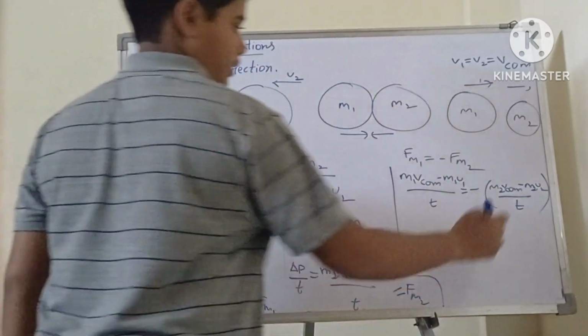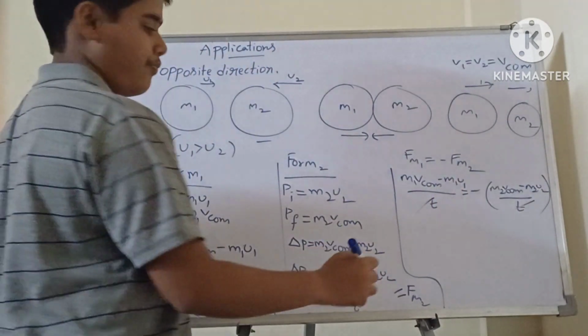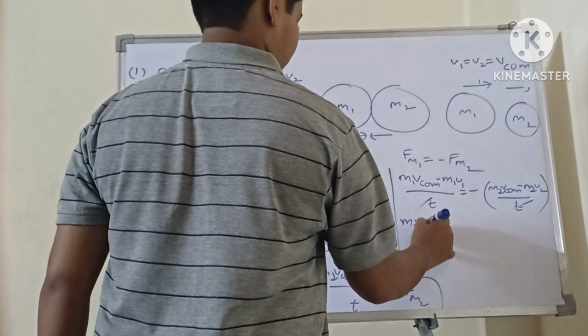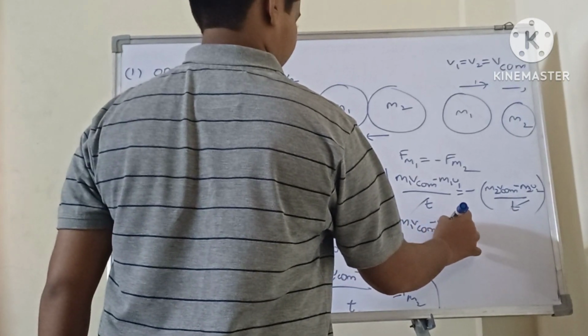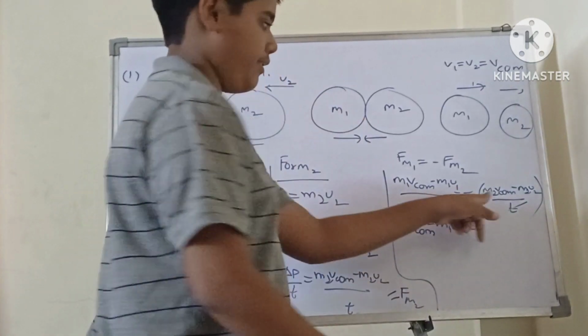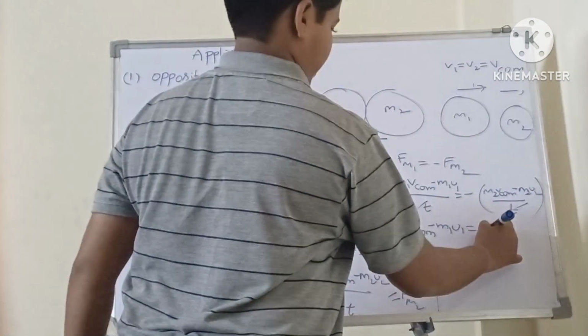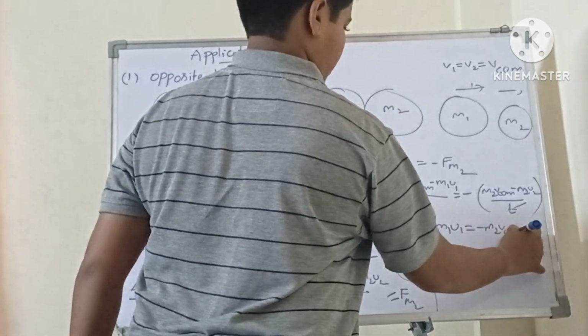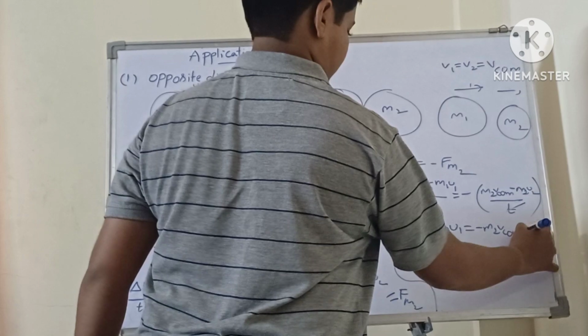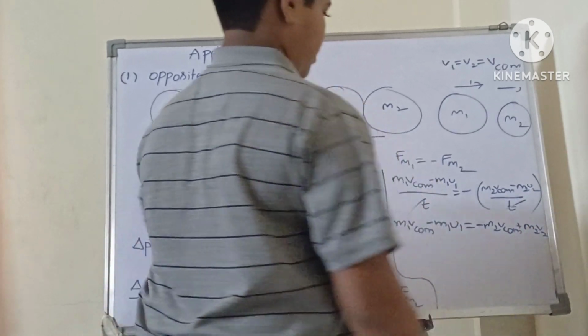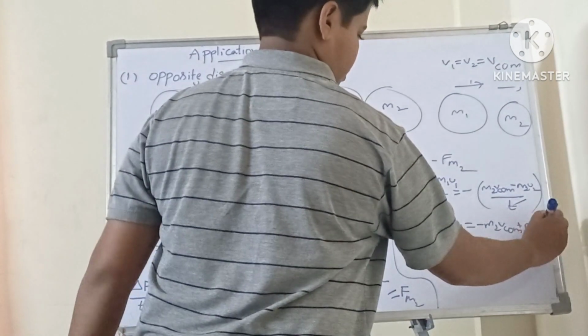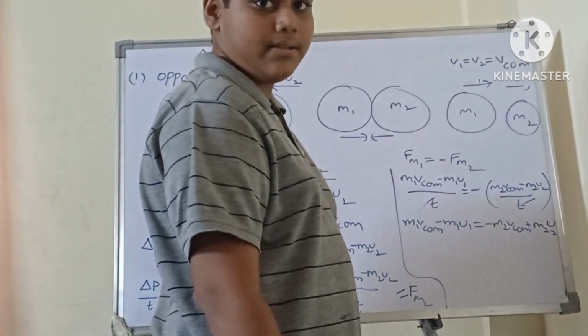Okay, so here time gets cancelled, and m1 vcom minus m1 u1 is equal to minus of m2 vcom minus m2 u2, so minus minus becomes plus m2 u2.